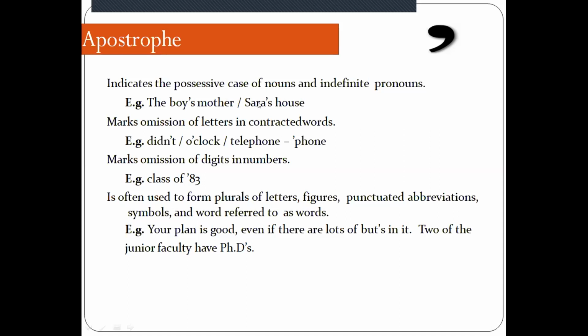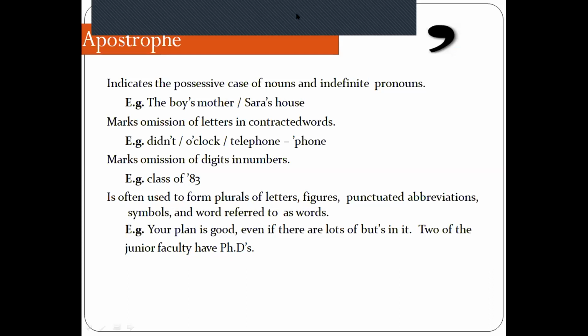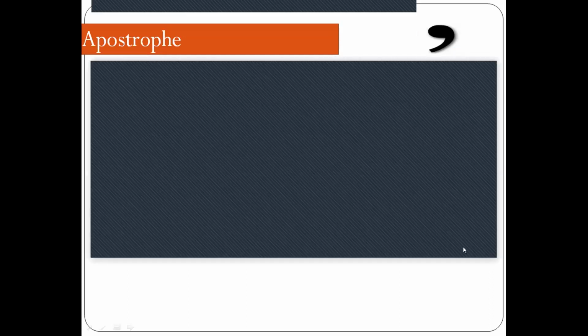Sarah's house, the same, that's the apostrophe S. And when it is plural, usually when there are many boys, we add the S. Take an example: we want to say boys in plural. We put the apostrophe there after S.